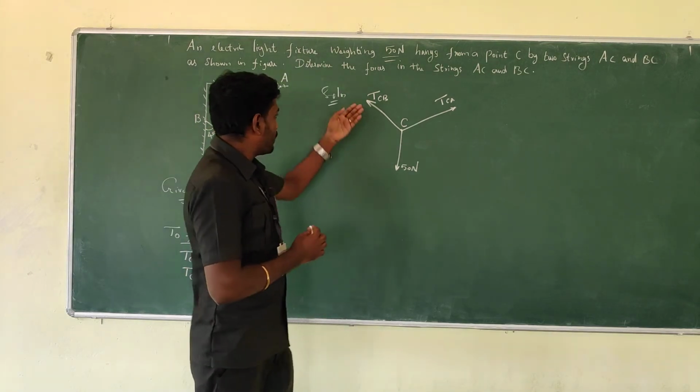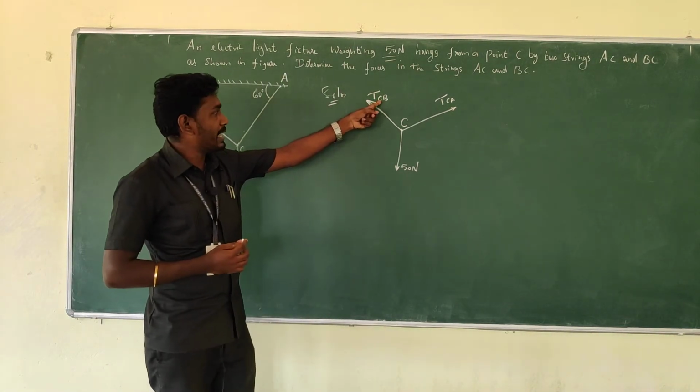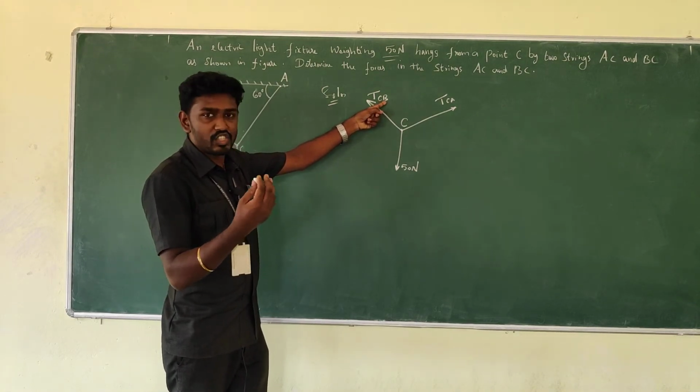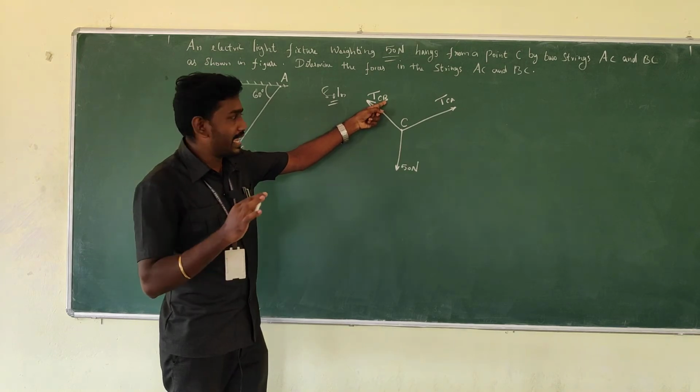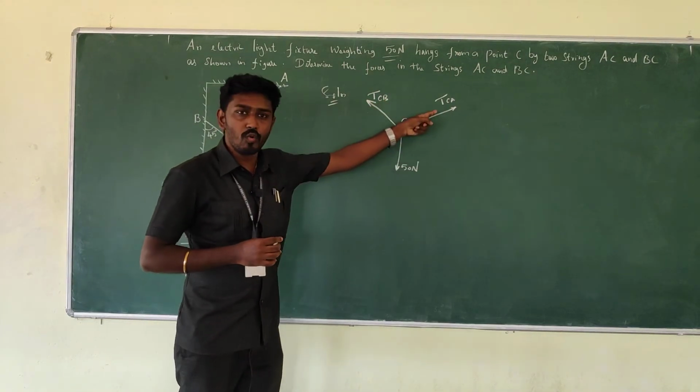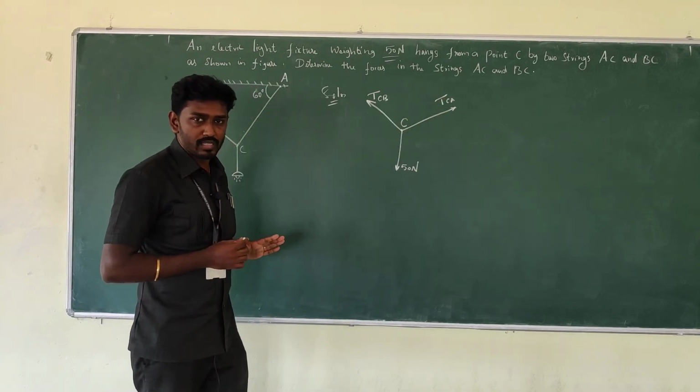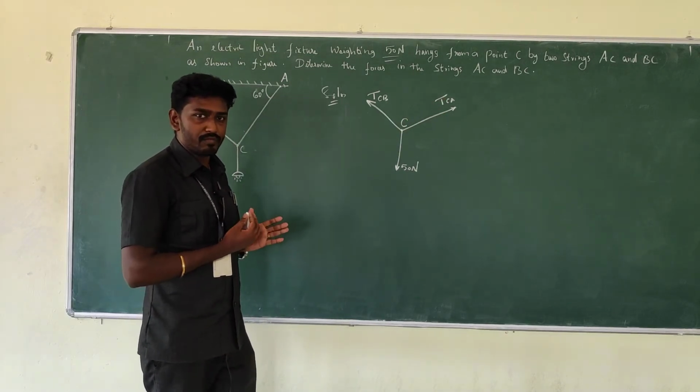So if you need to find the tension CB, TCB is directly proportional to the sine of the angle between the other two forces. Similarly, we can do it for the rest of the forces and identify the unknowns from it.